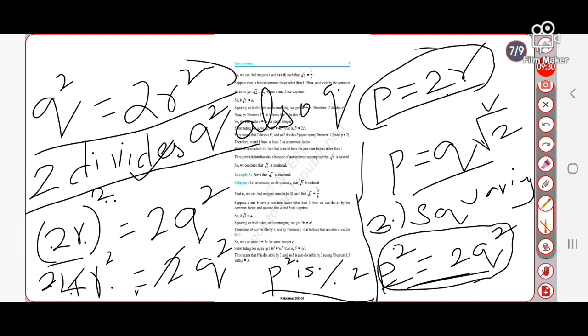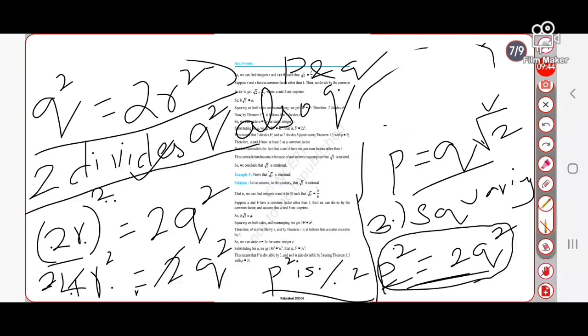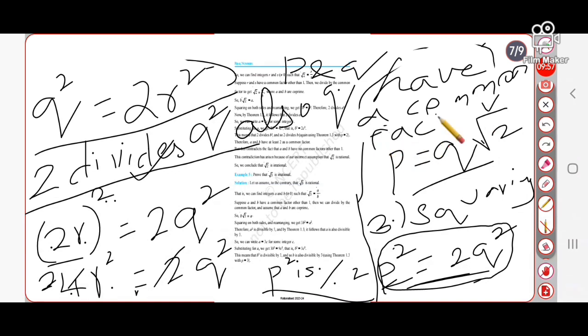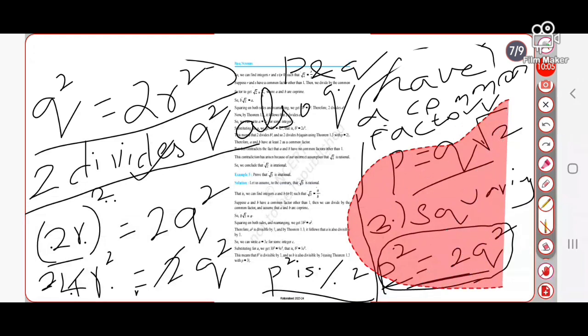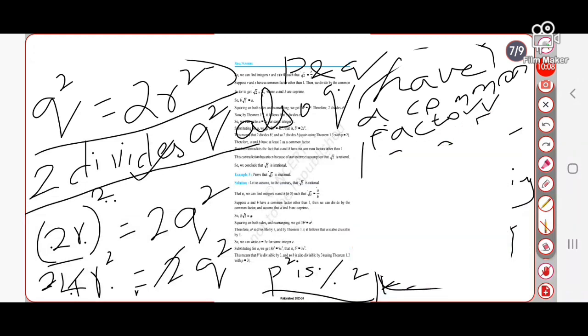So what we get is P and Q have a common factor, right? What we arrive at is P and Q have a common factor, that is 2.